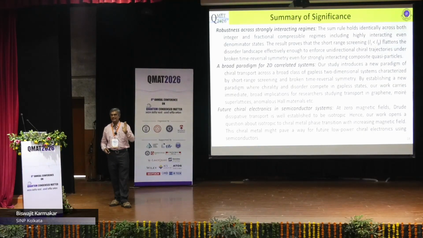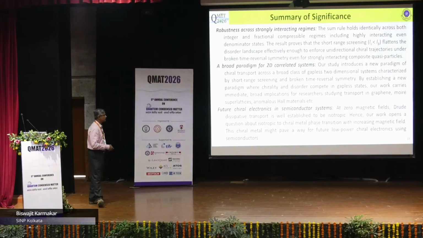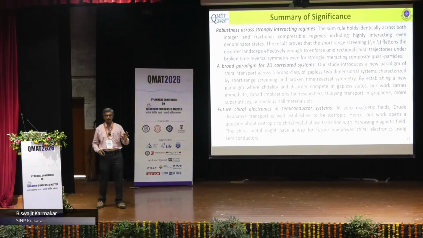As we increase the magnetic field, we break the time reversal symmetry and it becomes a chiral metal phase. We have data showing it becomes 100% chiral at fields as low as 0.3 Tesla, so even with a permanent magnet we can make this semiconductor 100% chiral.